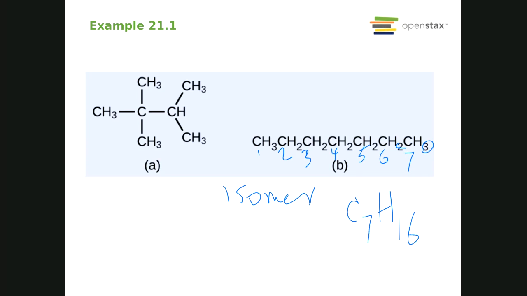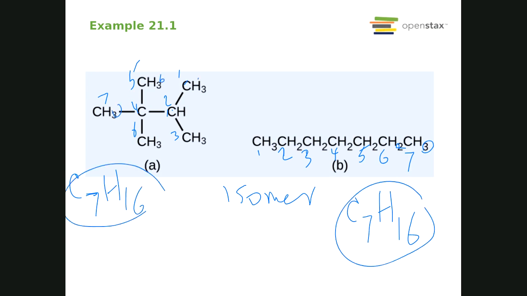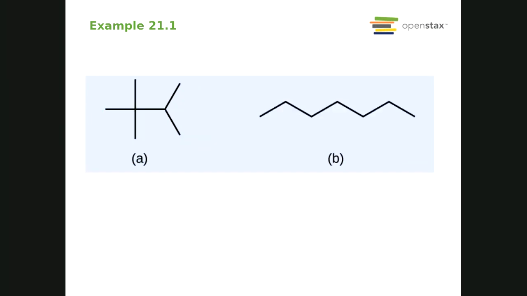So the molecular formula is the same, the structural formula is different, so with respect to each other, these are called isomers. Line angle again, 7 carbon, 16 hydrogen. These two are isomers of each other.